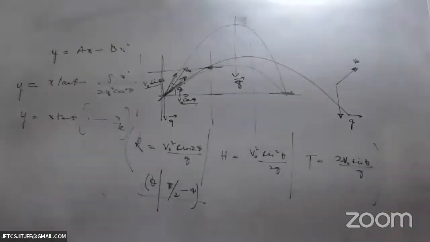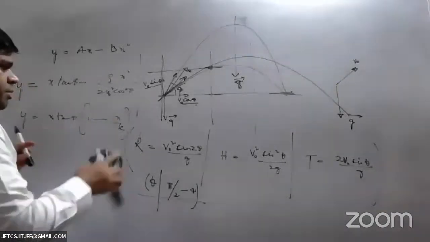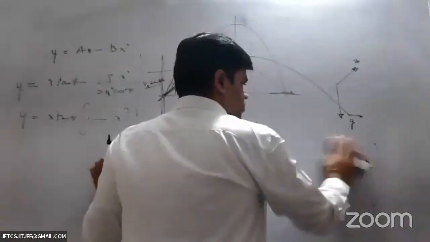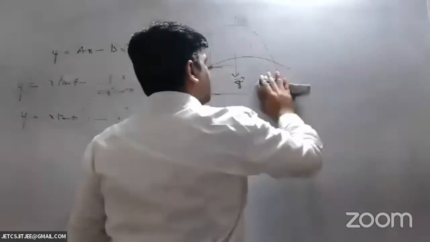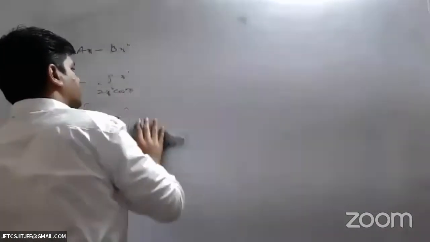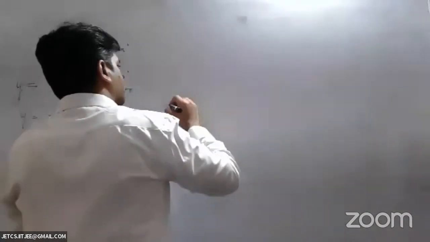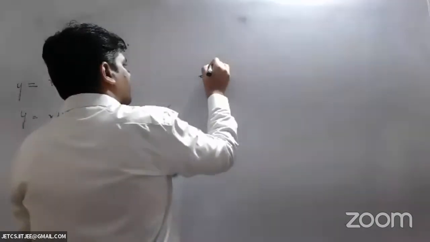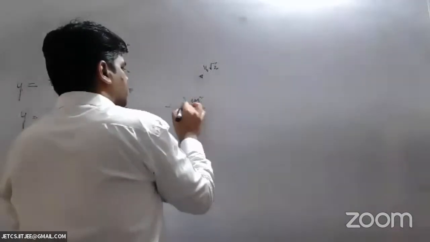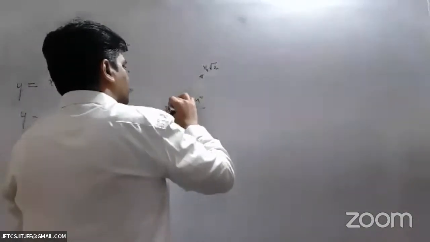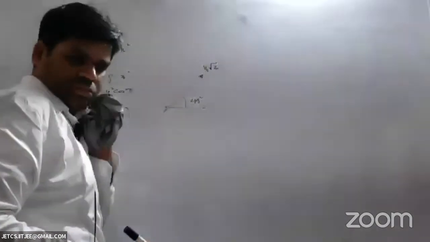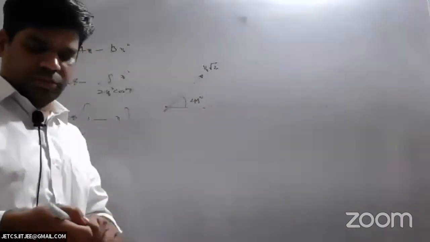All right, let's look at an example, where we'll find out range, time of flight, maximum height, and the equation of trajectory. A particle is projected with a velocity of v naught root 2 at an angle of 45 degrees.